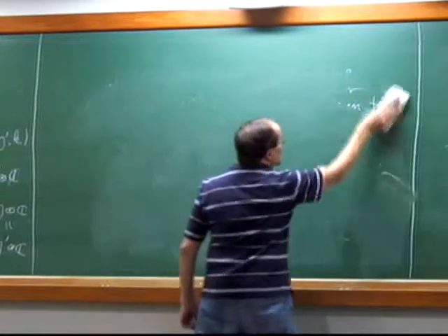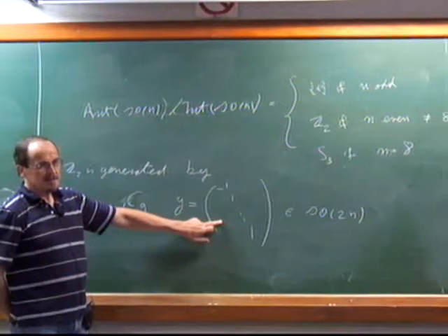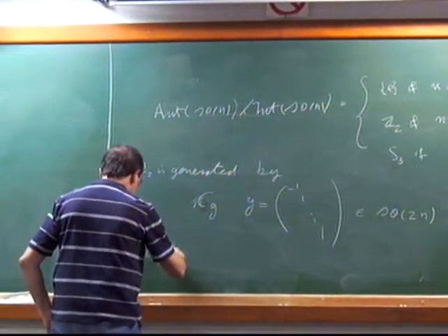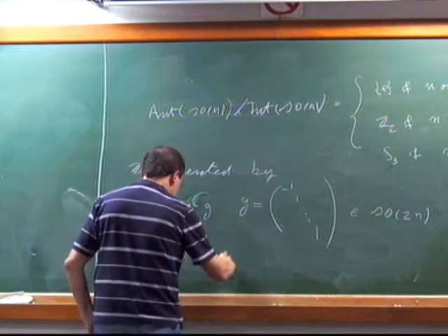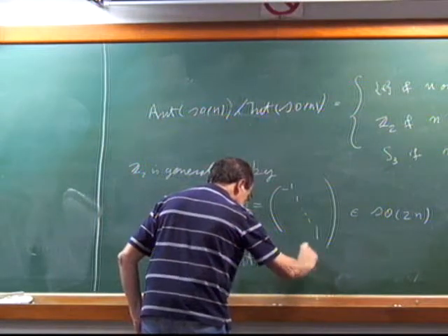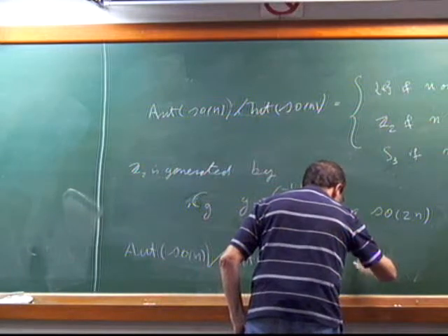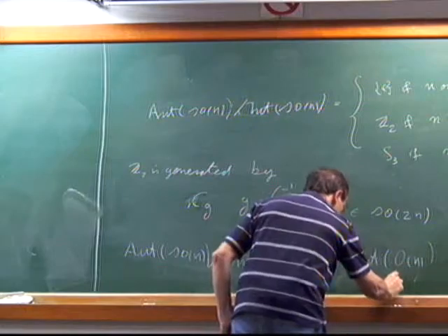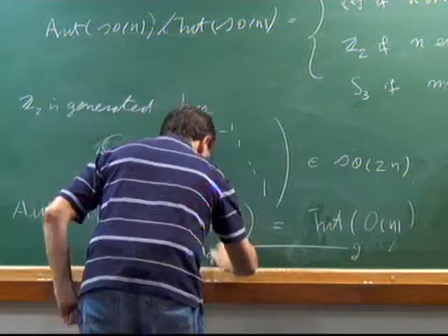Okay, so let's use that information now. But of course, notice that this element sits inside O2N. Right, so I could say that out SON mod int SON is actually equal to out ON mod int ON, which takes g into itself.